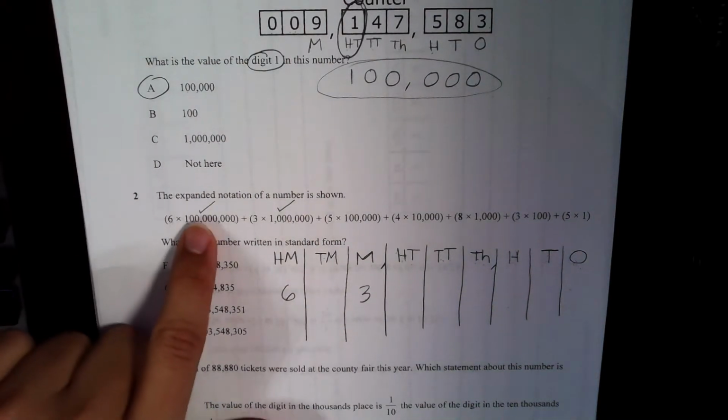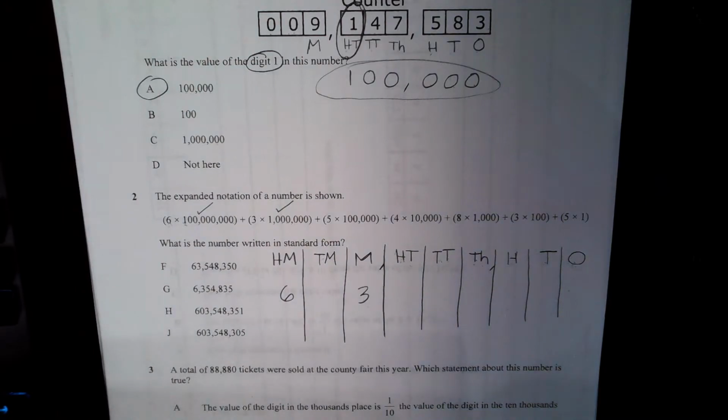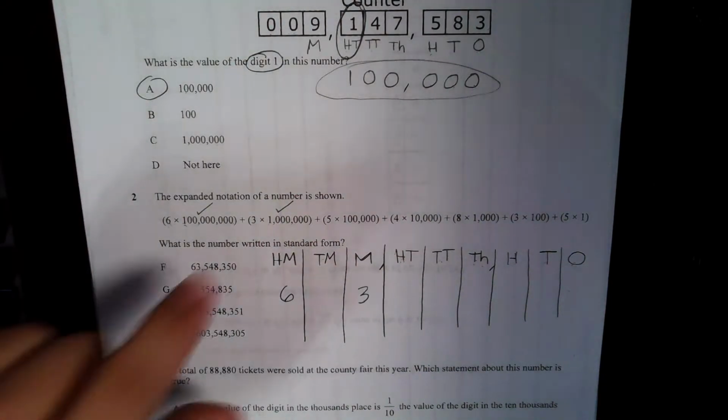Now, do you all notice something about my number? I didn't skip anything, but what do I notice in my place value chart? What happened? Bailey? You're right, I have to remember.